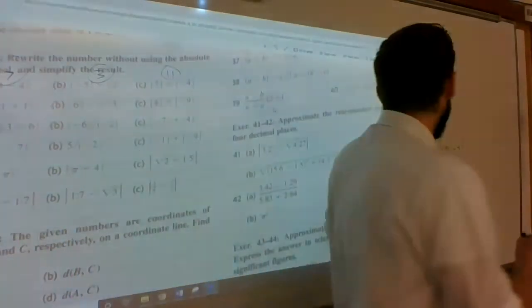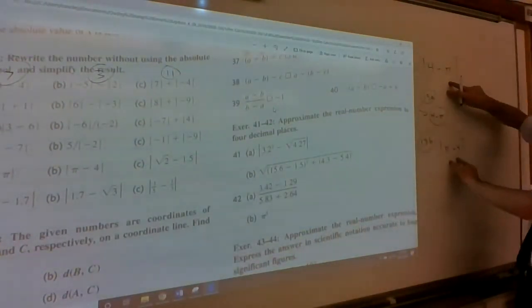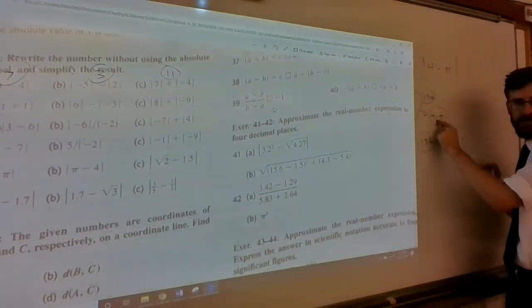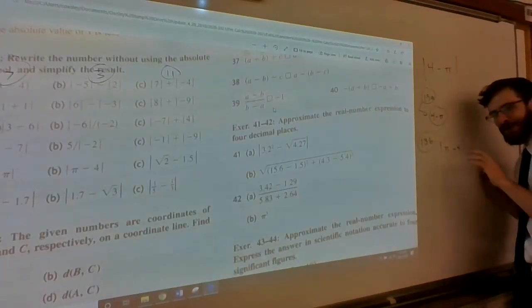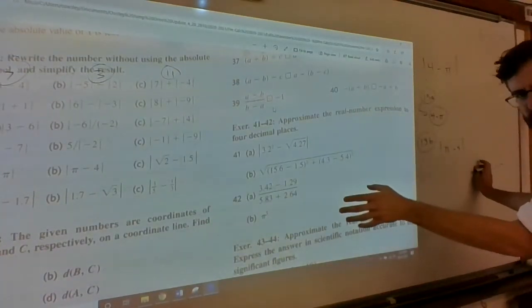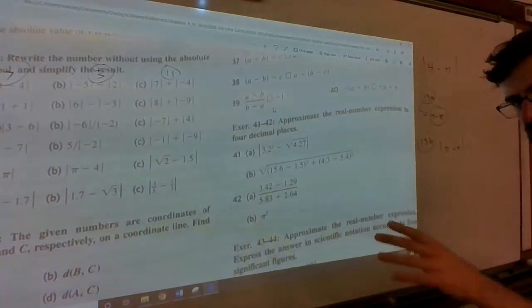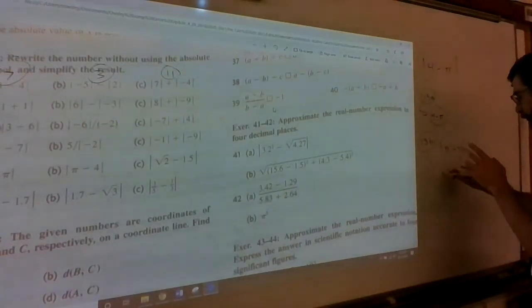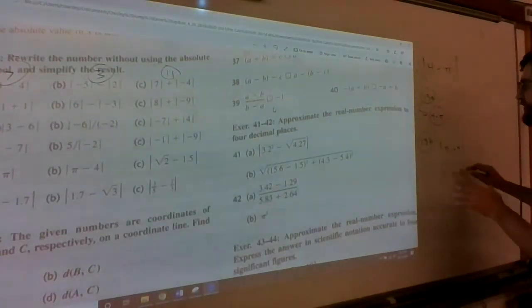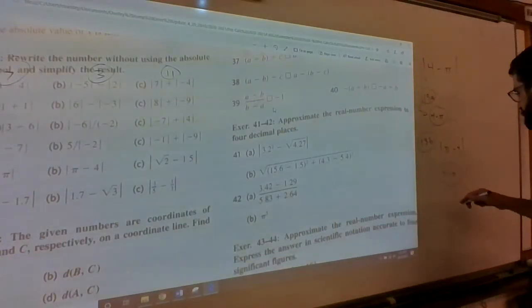But I don't know if you guys noticed this, it's taking the same difference between these two, which means whatever you get here as a positive number is what's going to happen inside here as well. So what the textbook writers want you to figure out is that the absolute value of pi minus 4 is the same thing as 4 minus pi. They both give you the same answer. It's just one's negative inside of the bars.